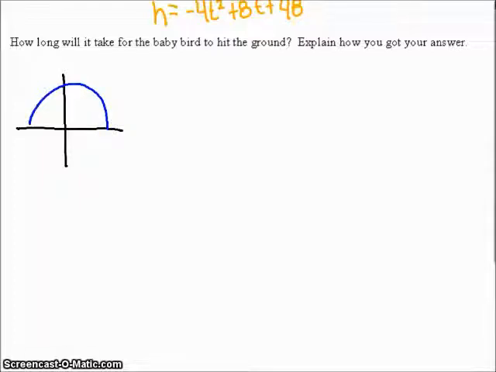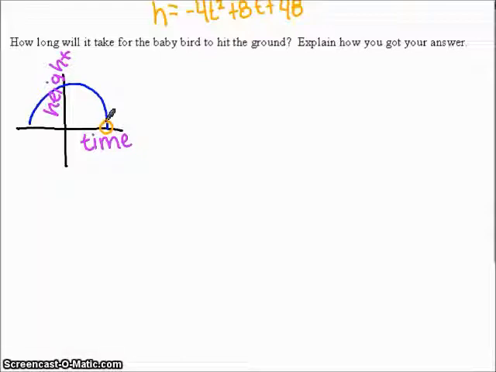And this x-axis would be the time, and the y-axis would be the height. So when the baby bird hits the ground, it's going to be right here, which is the height is 0, so that we're really looking for the x-intercepts.